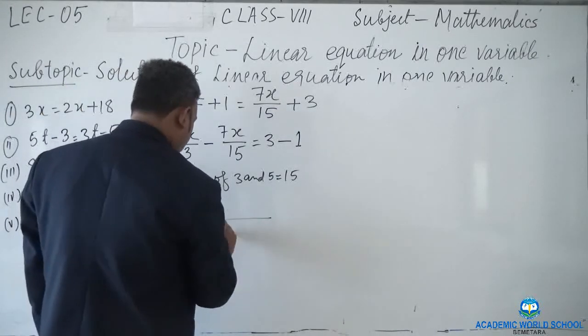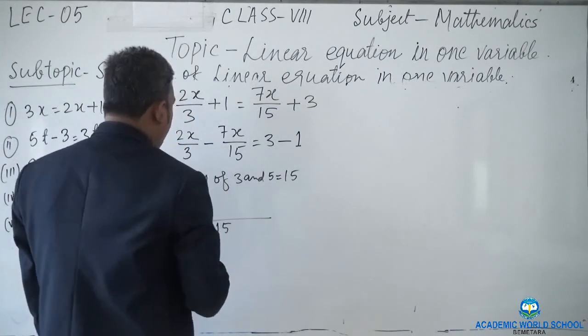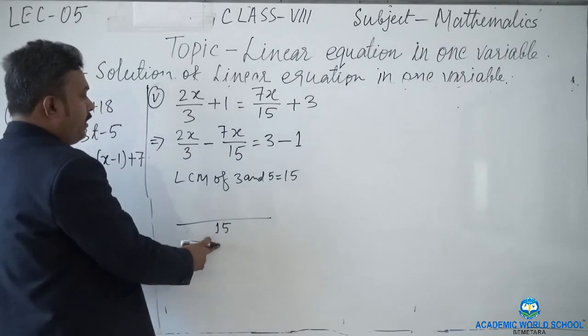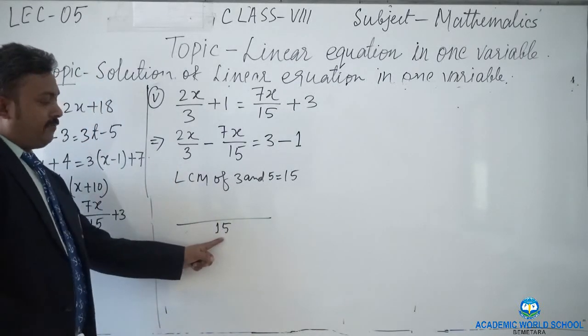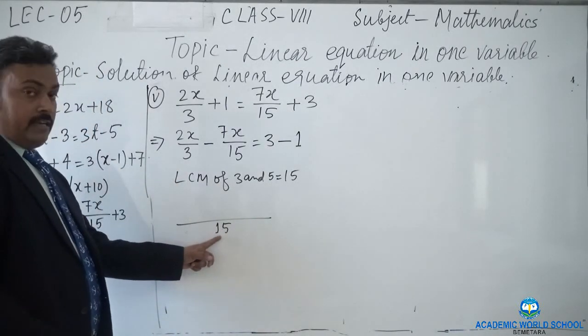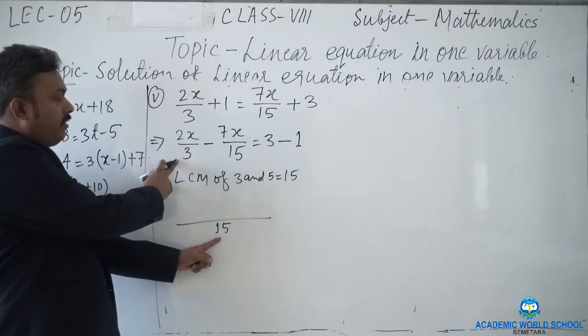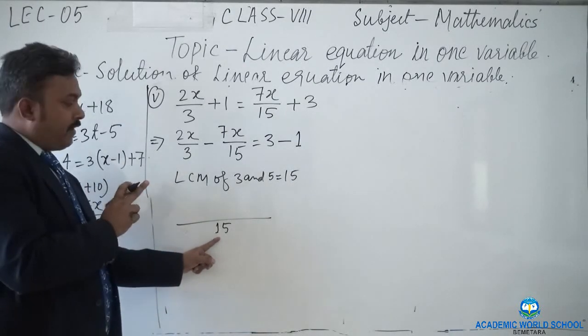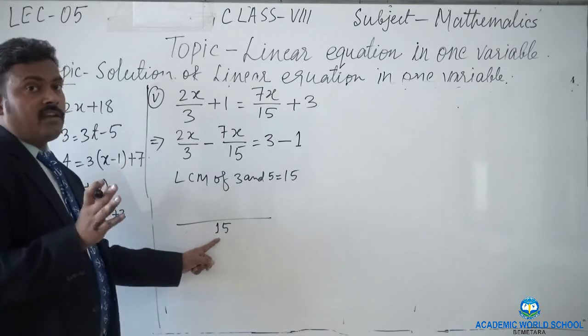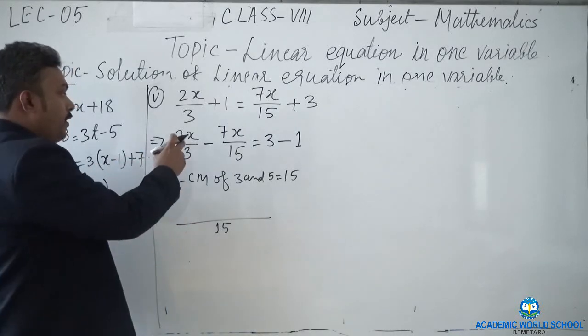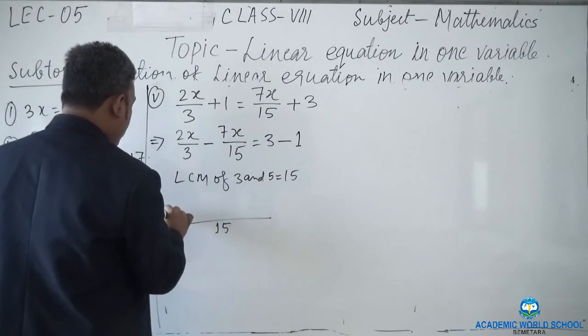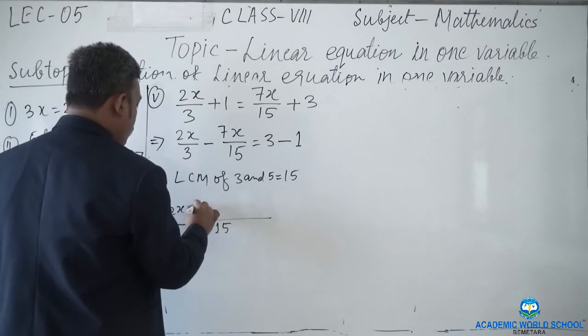So here we write 15. Now this 15 we will divide by 3. If we divide the 15 by 3, we will get 5, and that 5 we will multiply with 2x. So we write here 2x into 5.